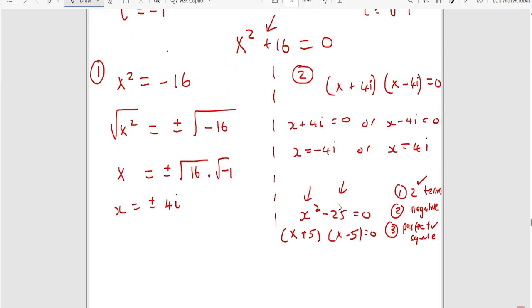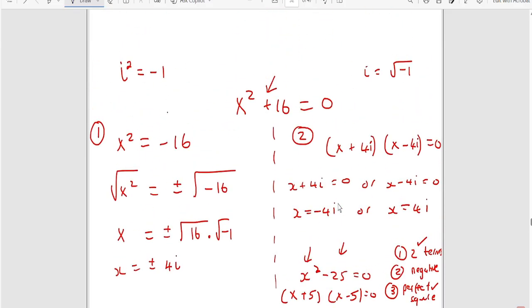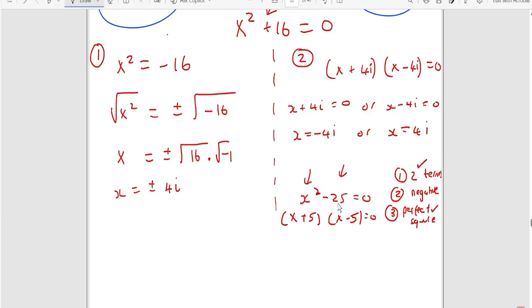Okay, now let's see if we have a quadratic equation with complex numbers, how do we solve it? We know i is equal to square root of negative 1 and i square is equal to negative 1. Suppose we have this question, x square is equal to negative 16.